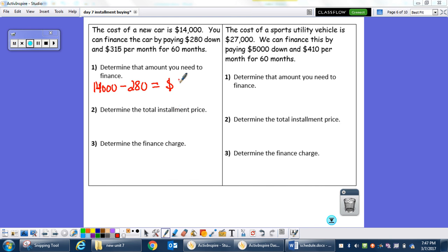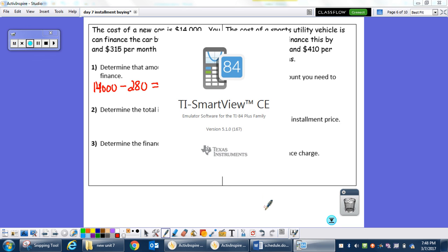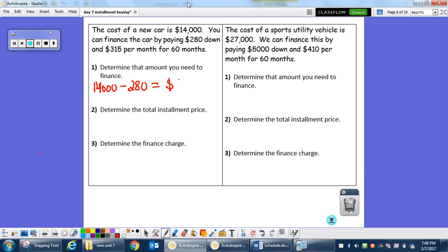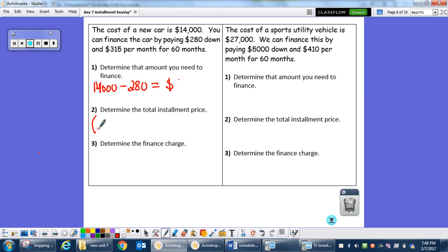You should be confirming with the calculator as you do these problems, because you do know that Miss Bailey makes a lot of mistakes. Okay, I'm going to move on to total installment price until my calculator loads. So we're going to be paying $315 for 60 months, typically 5 years. Plus, we need to figure out, oh, we had to pay that down payment of $280.